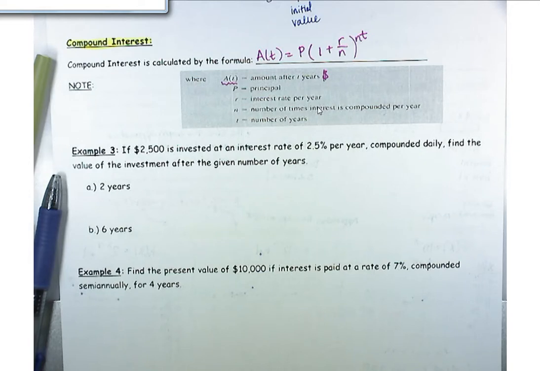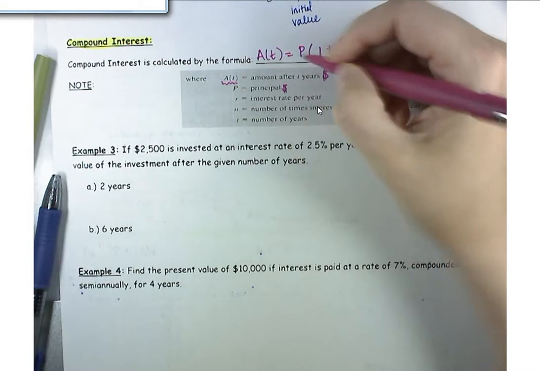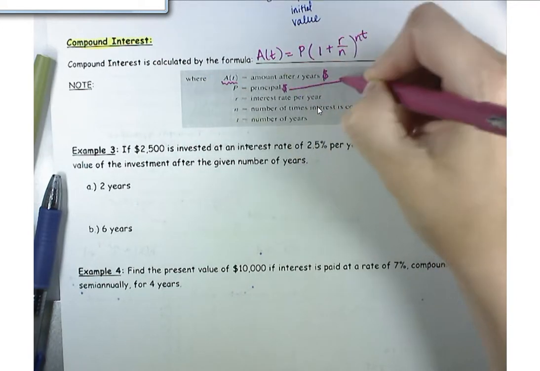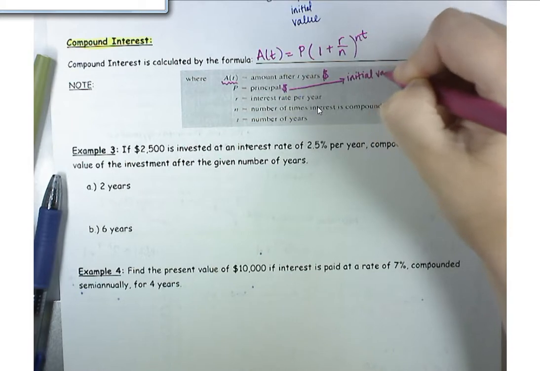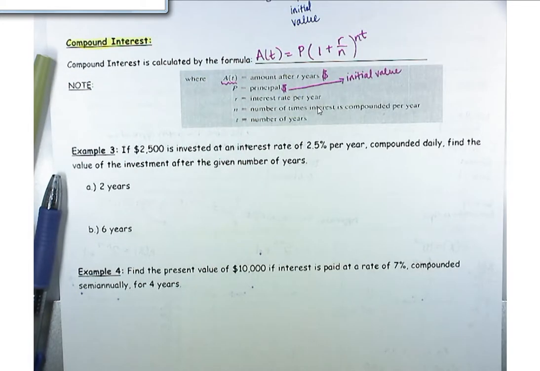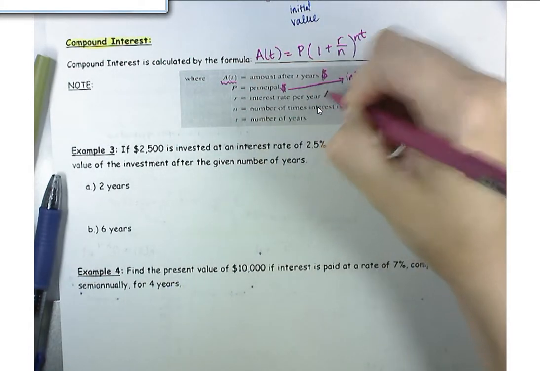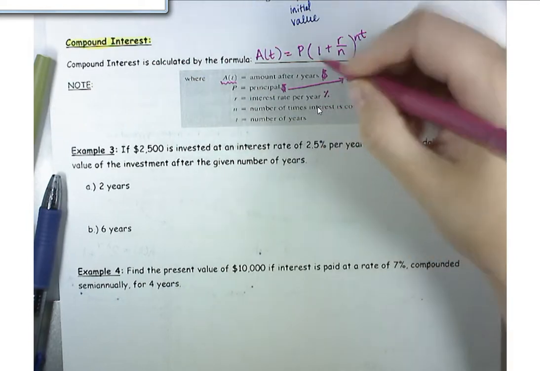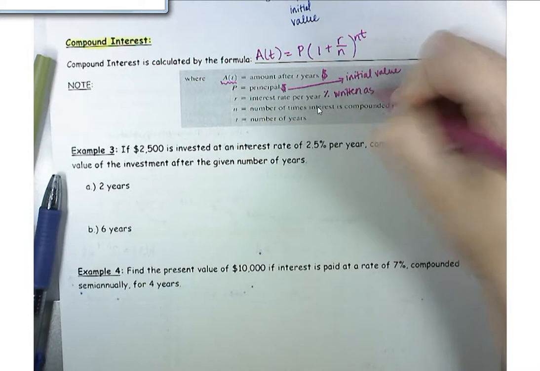And then we have what's called the principal. The principal is also going to be an amount of money, but this is going to be the initial value. So if you were investing, it's how much you put into the account initially. Your interest rate per year is going to be a percentage, and this percentage is going to be written as a decimal.